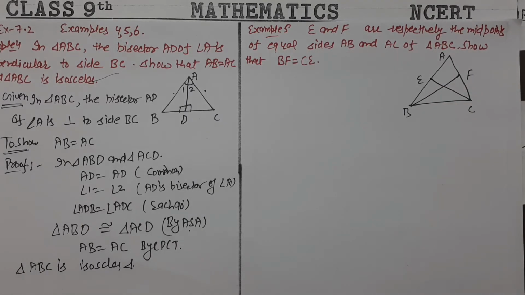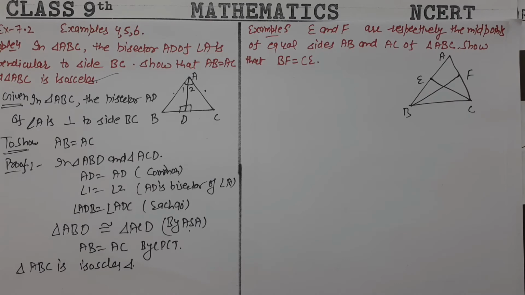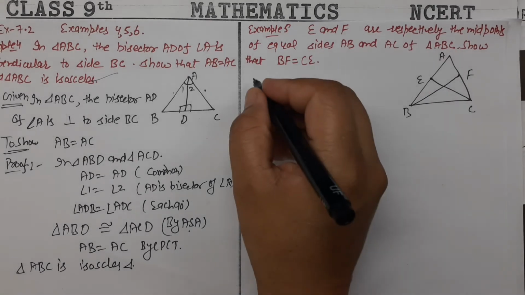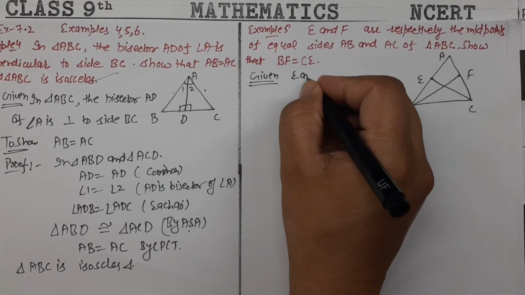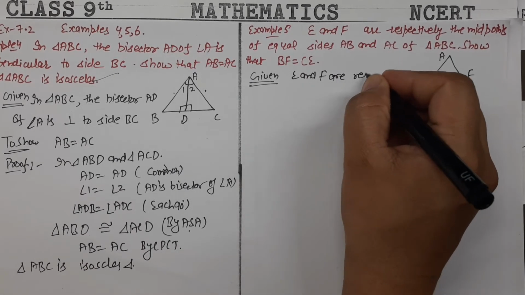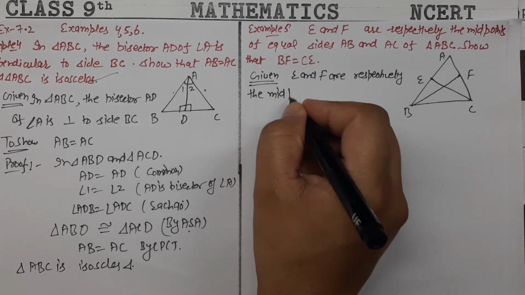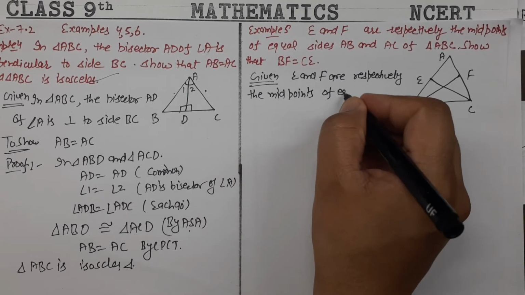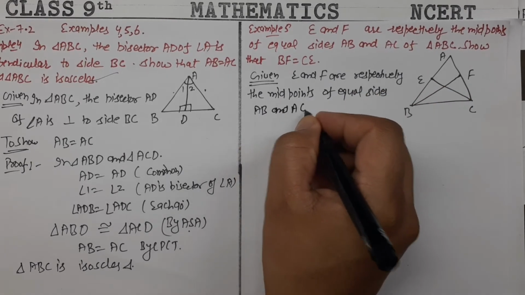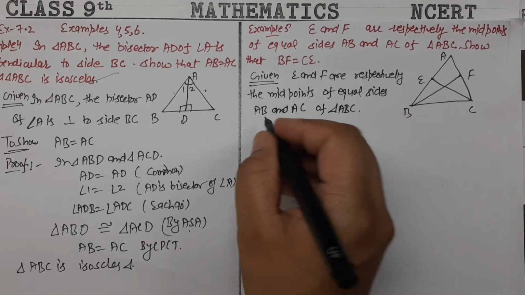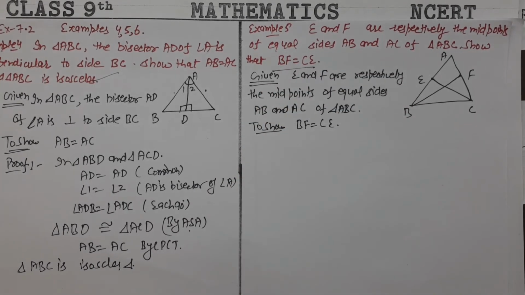Now join B to F, C to E. We need to show BF is equal to CE. Given: same. To show BF equals CE.